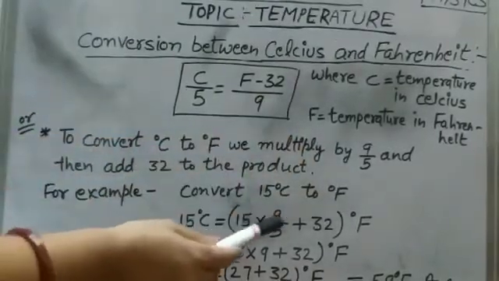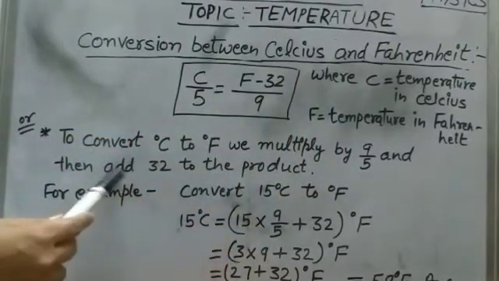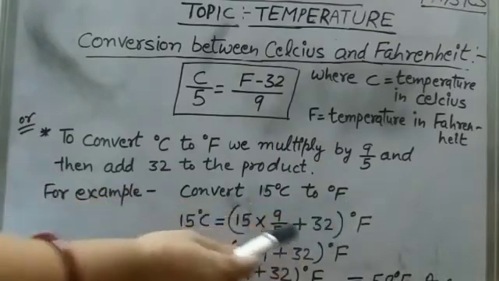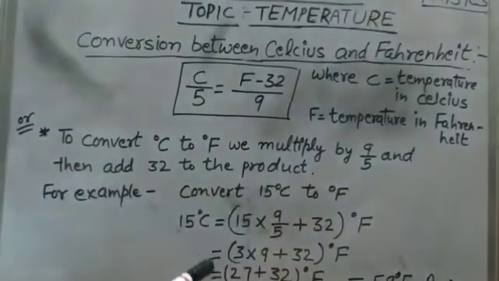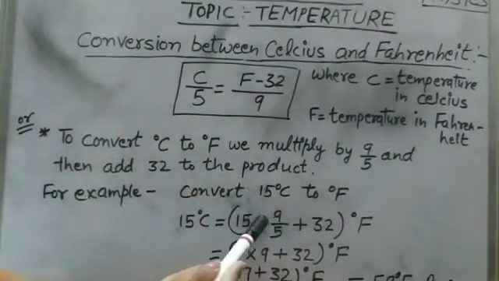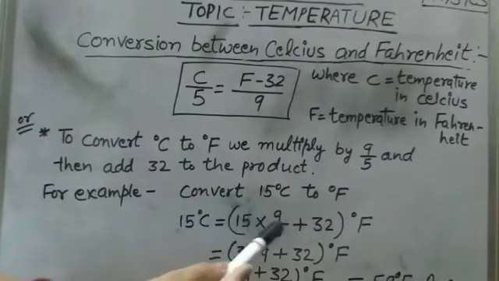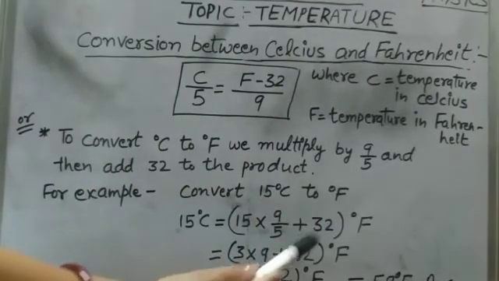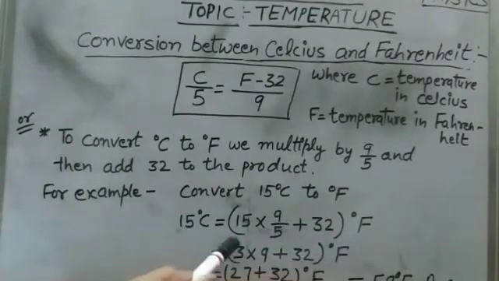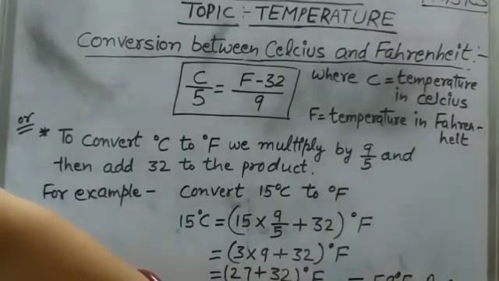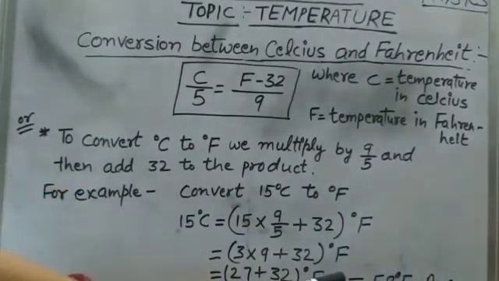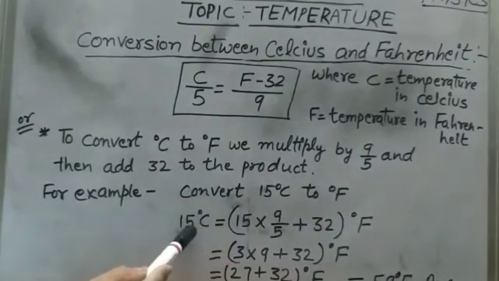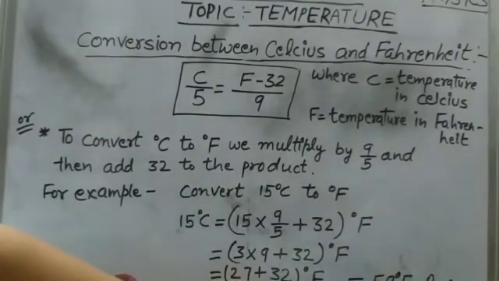So 15 into 9 by 5, then add 32 degrees Fahrenheit. 5 3s are 15. Now we get 3 into 9 plus 32 degrees Fahrenheit, and 3 9s are 27 plus 32 degrees Fahrenheit, and what will we get? 59 degrees Fahrenheit. It means 15 degrees Celsius is equal to 59 degrees Fahrenheit.